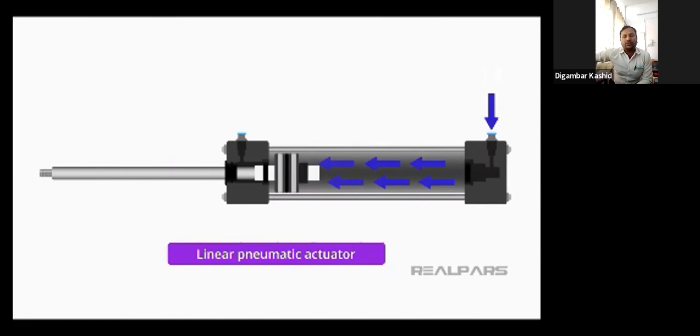Here I want to make one comment on the actuators we are going to learn here. This actuator is normally used nowadays in industries, because we know that automation is happening in industry at a very fast rate. So mechatronics parts are used.